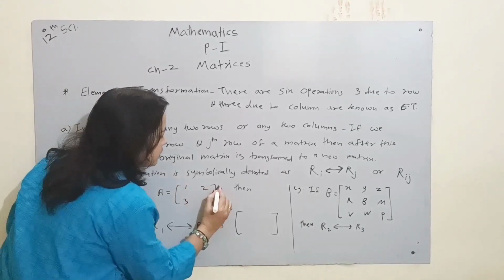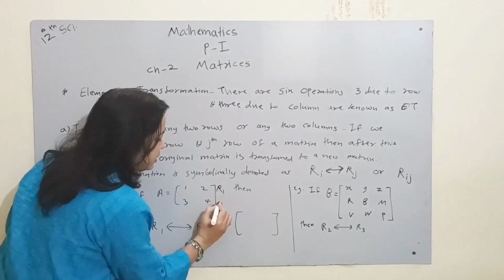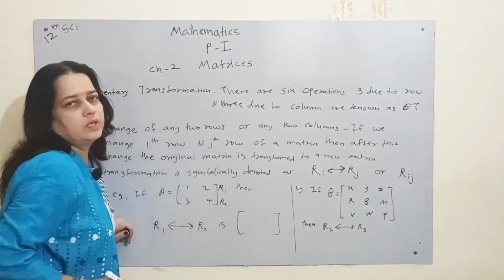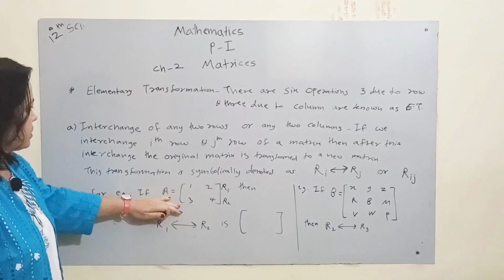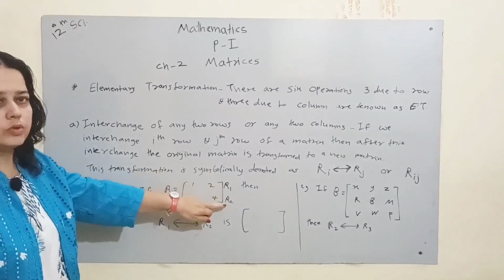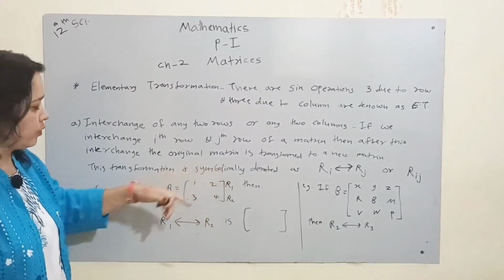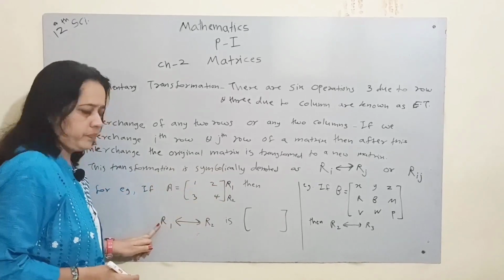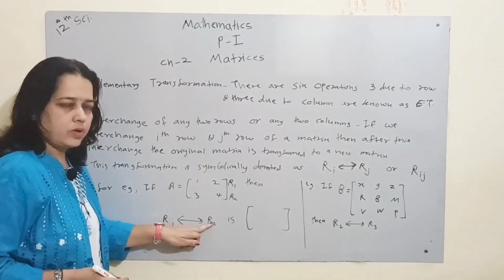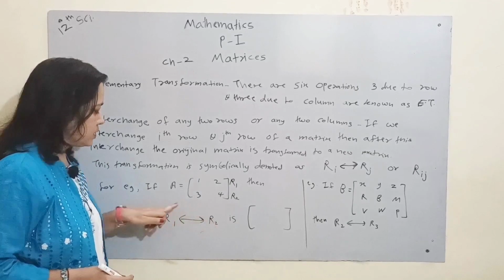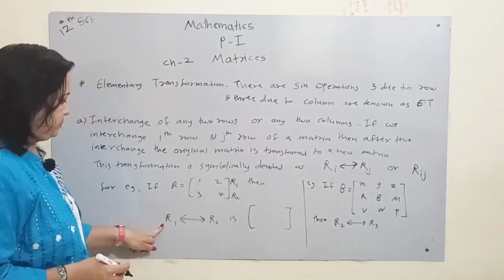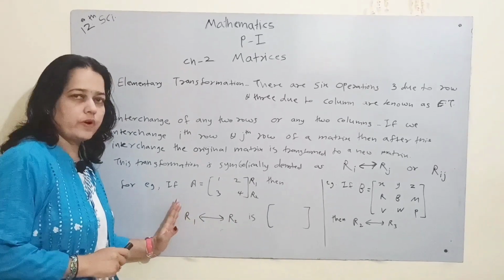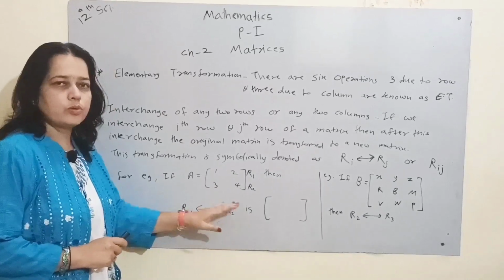This is the first row R1 and this is the second row R2. If we transform row 1 to row 2 or row 2 to row 1, which is given as R1 to R2, or R2 is interchanged by R1, that is, we have to interchange row 1 to row 2 and row 2 to row 1.